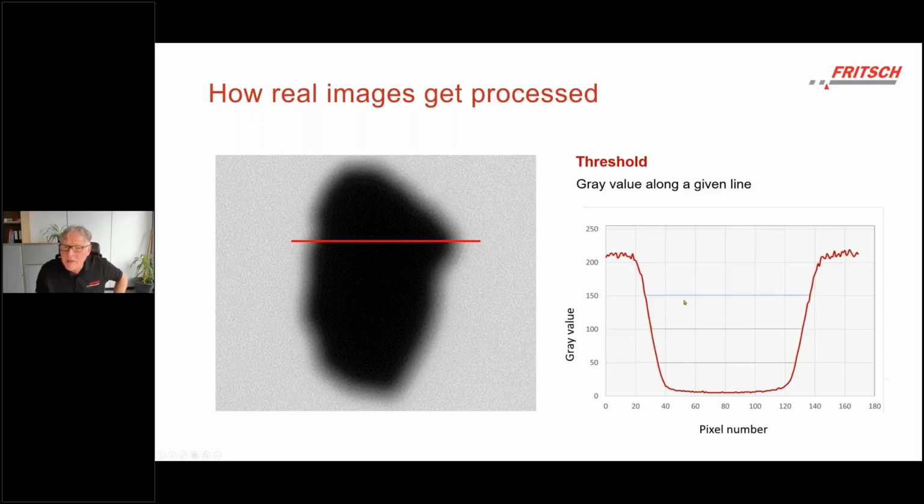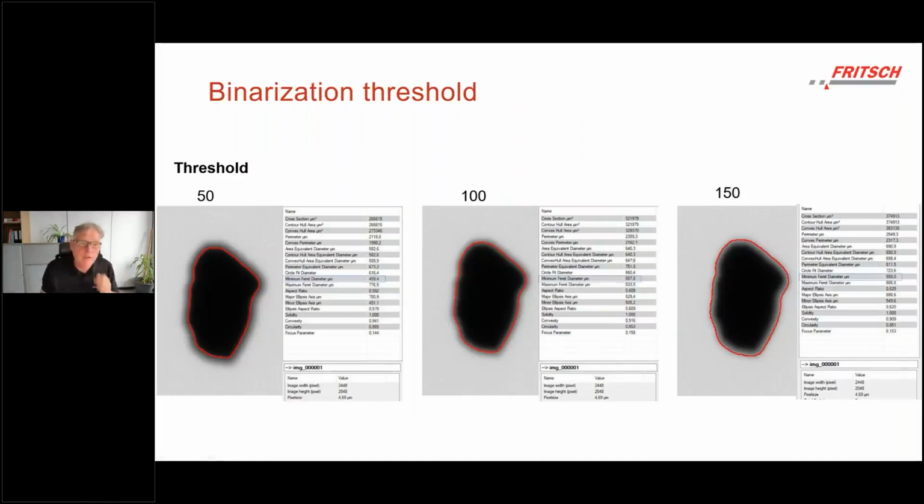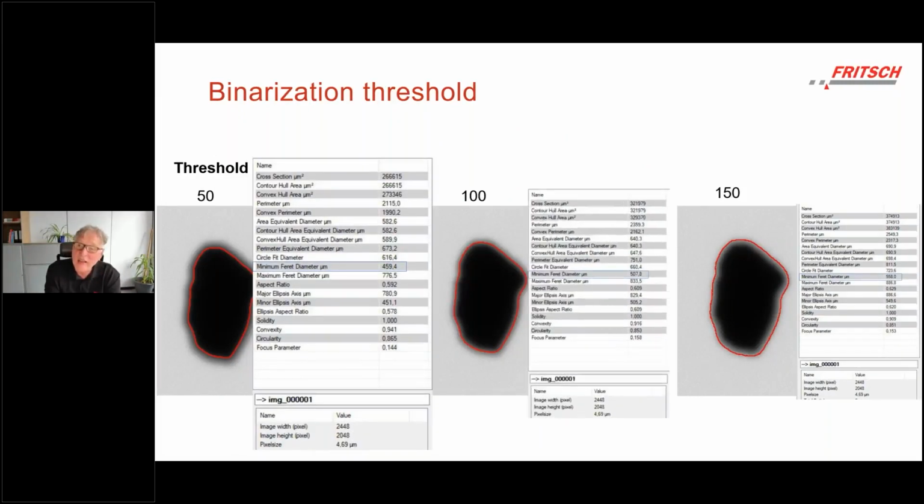If you change this threshold from 150 to 100 and to 50, you get different diameters for your particle, of course. This is here in the picture. Where is the corner? Is it more here where it turns completely black, or more outside where it is nearly completely white? In this example, I have these 3 numbers, and the red line indicates where the corner is for a threshold of 50, of 100, and of 150.